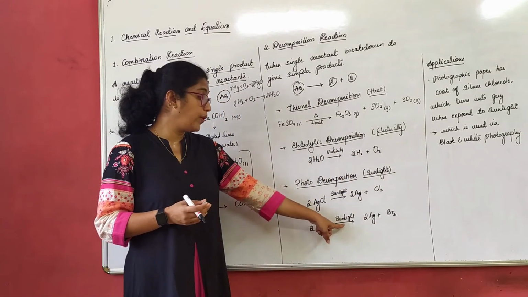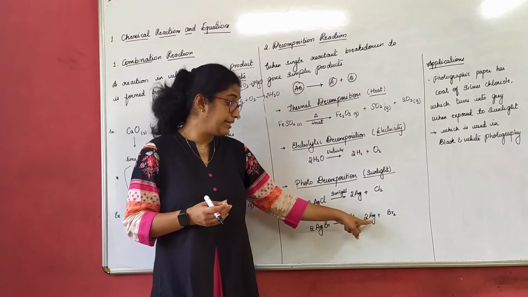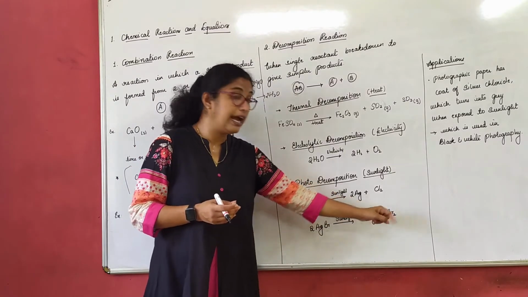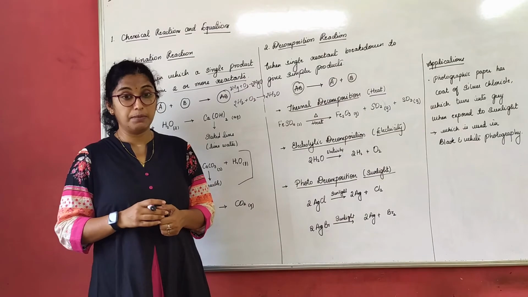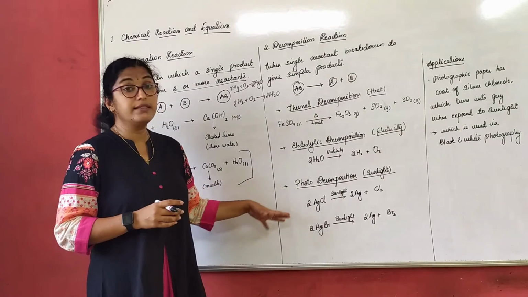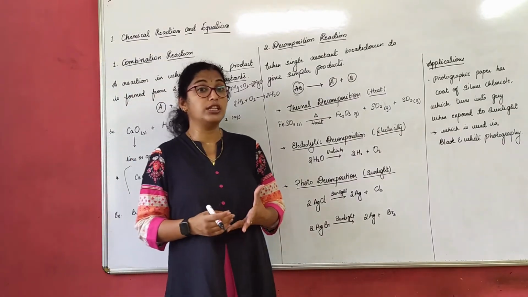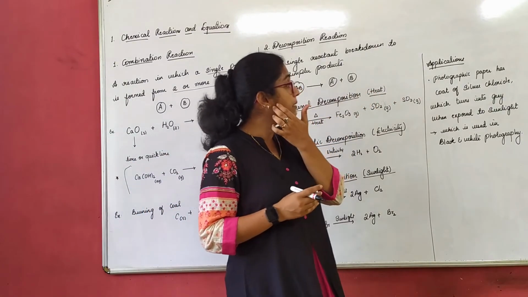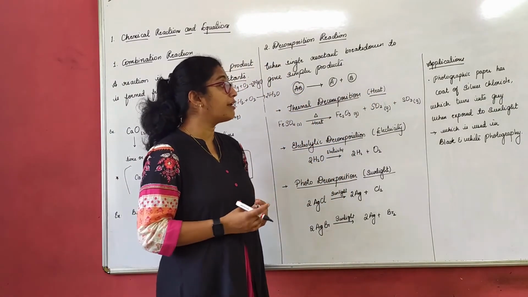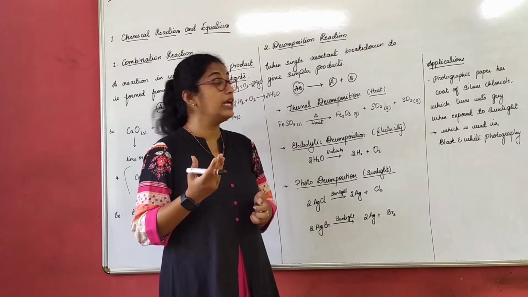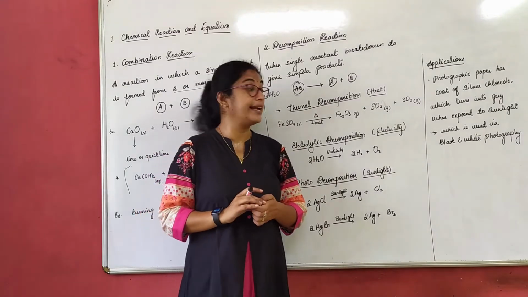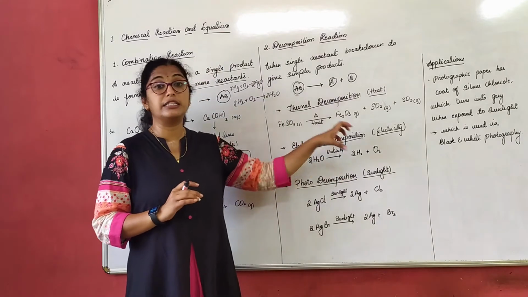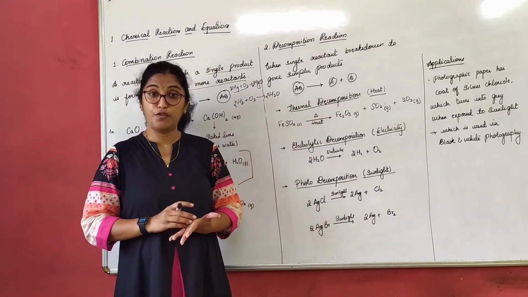Silver bromide, when exposed to sunlight, gives silver metal, and bromine gas is liberated. This phenomenon is used in black and white photography. The photographic paper has a coat of silver chloride which turns grey when exposed to sunlight.